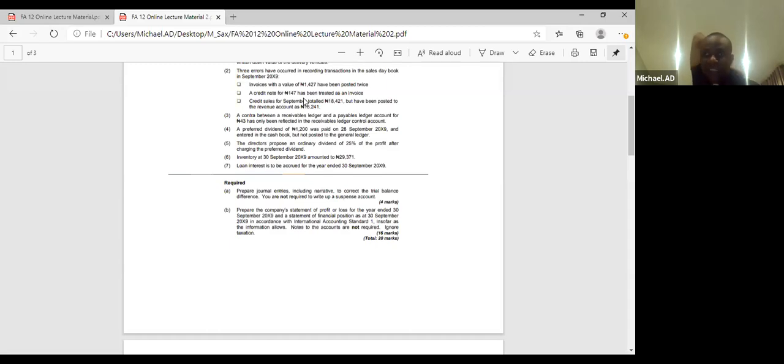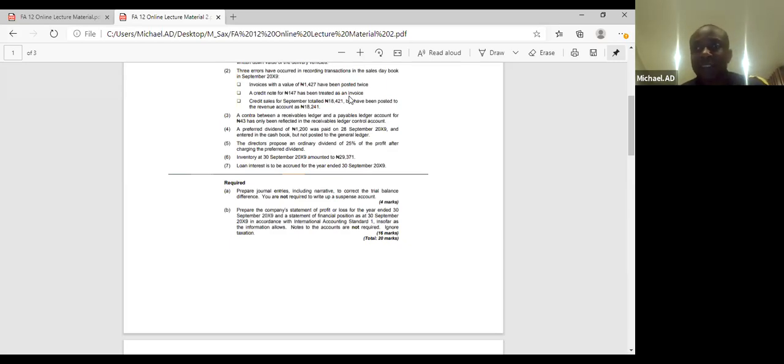It simply means that they've debited the purchases and credited the accounts payable. And once you have credited the accounts payable and debited your purchases of 1,147, it's actually a credit note that we received. So you shouldn't have been treating this particular item as an invoice, because we are the one receiving this credit note.